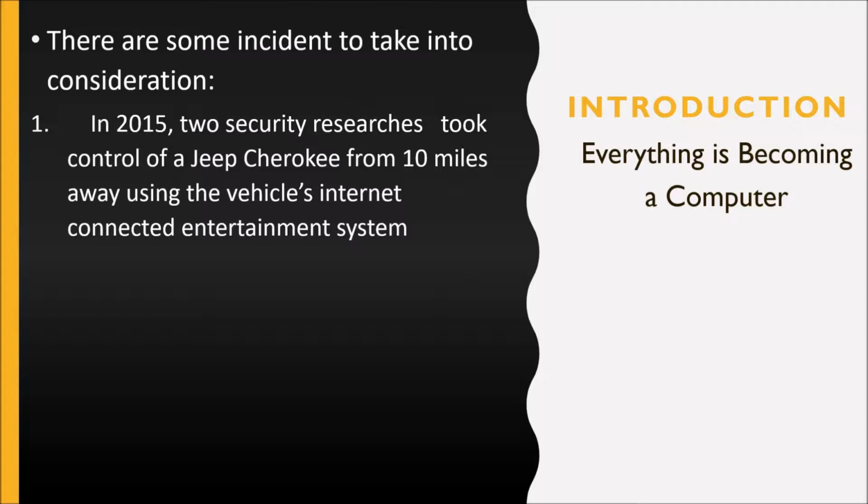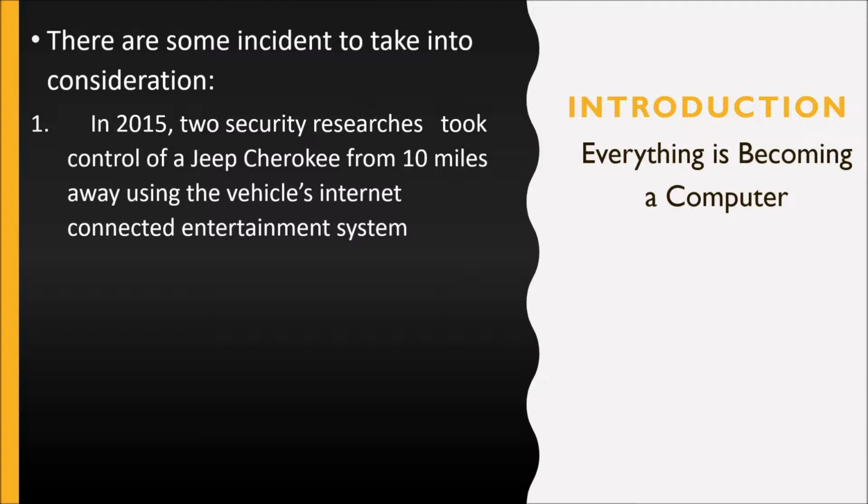Like you can read here, while the driver was on the highway, they were able to, out of nowhere, change the radio station, unlock doors, and change the heat or the air conditioner. So they were able to do everything from afar.